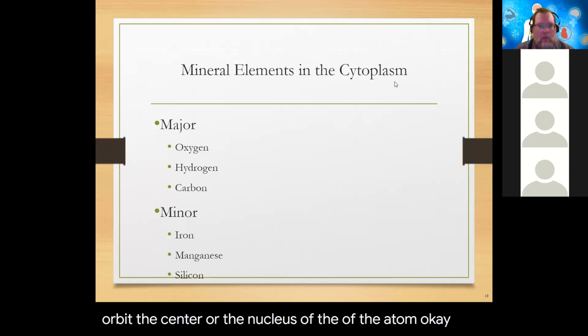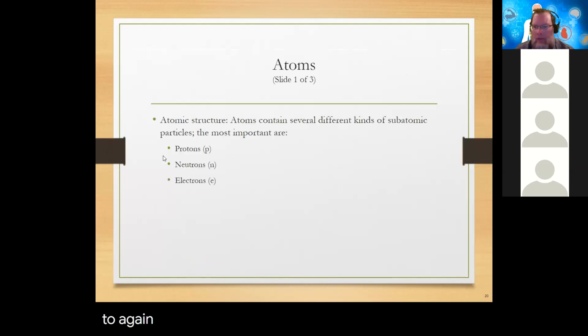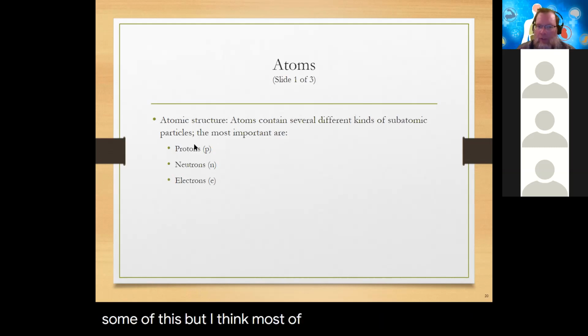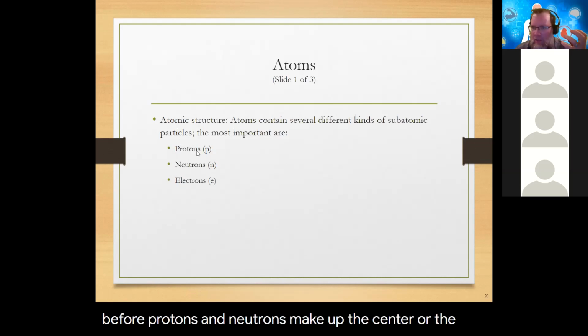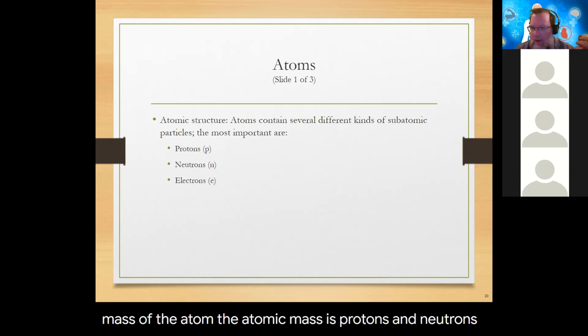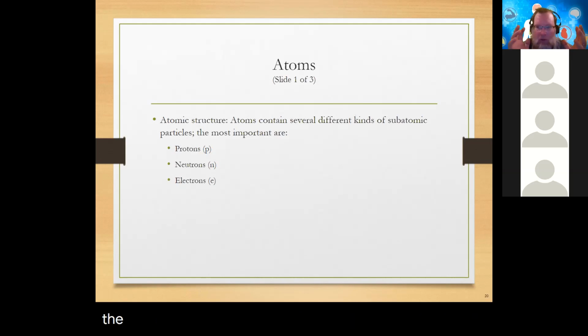I'm not here to get you guys too wound up about some of this, but I think most of you have heard these terms before. Protons and neutrons make up the center or the mass of the atom. The atomic mass is protons and neutrons. The number of protons does not change for a particular element.